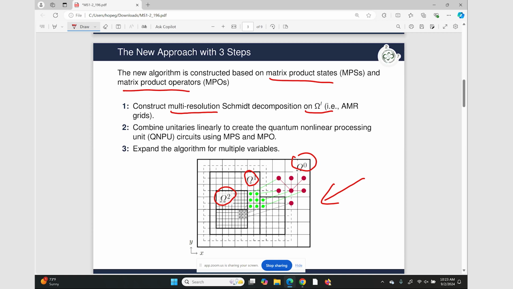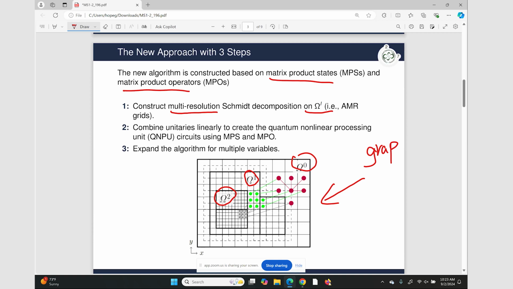I call this the composite grid because later I also want to mention the graph. There is a graph here, with connections between these black dots, red dots, and green dots. Collectively, I call this a composite grid.